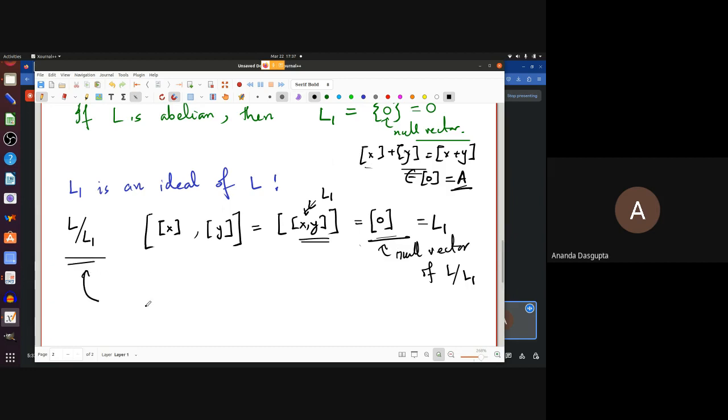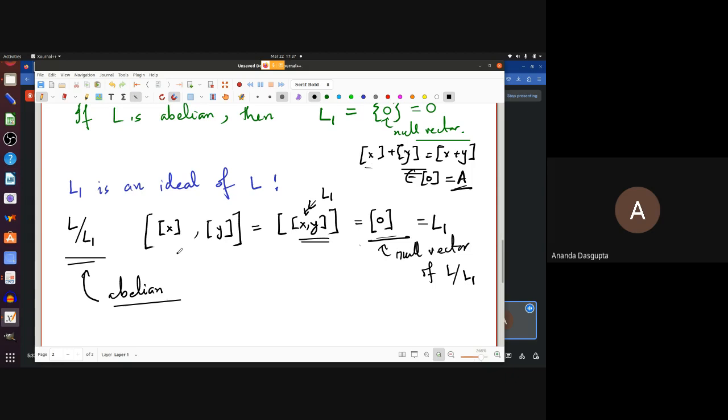What kind of Lie algebra is it? You're taking any two elements of it. Abelian. So this has to be abelian because the Lie bracket between any two elements of L by L1 is 0, the null vector of that set, right? So two important properties. If you form the derived subalgebra, it is a subalgebra.